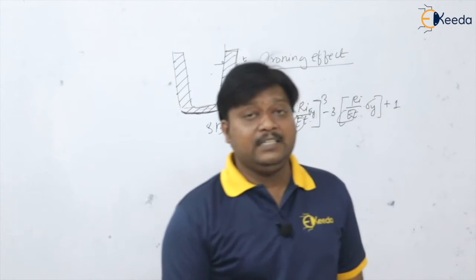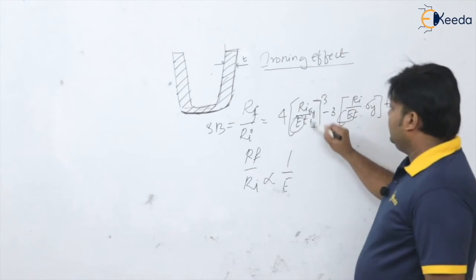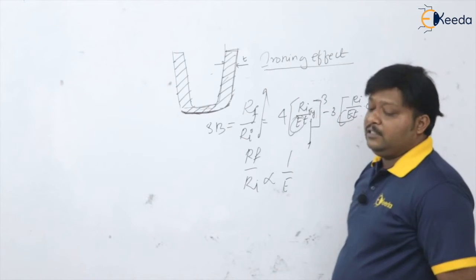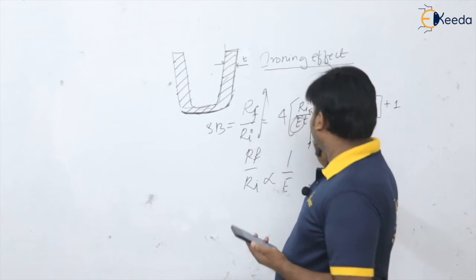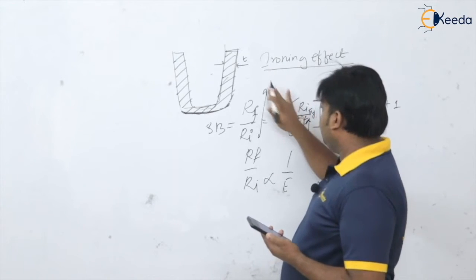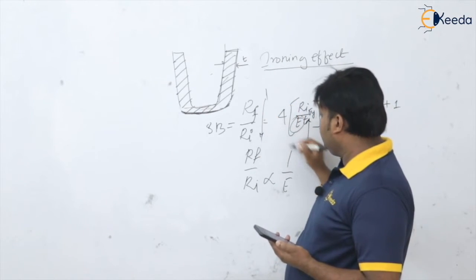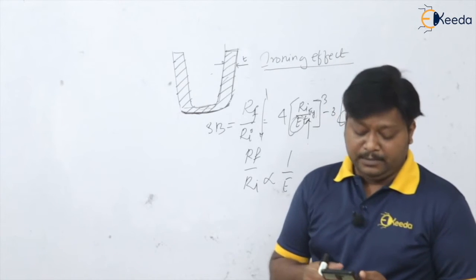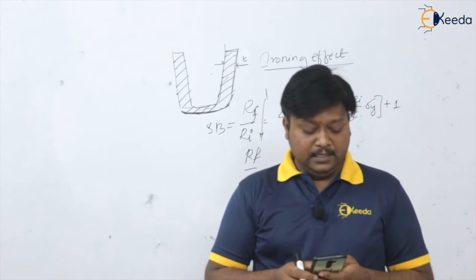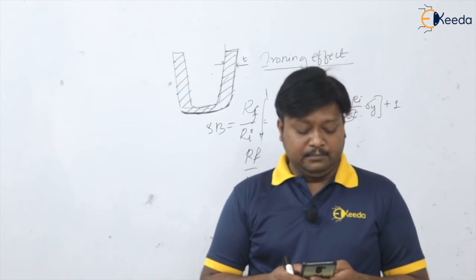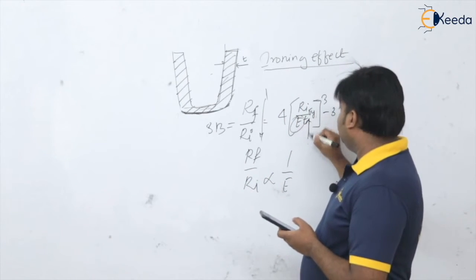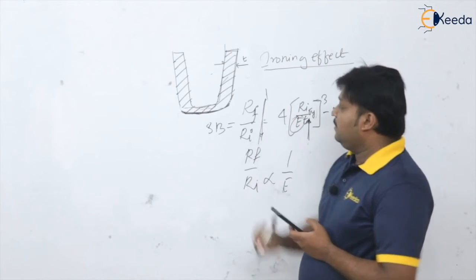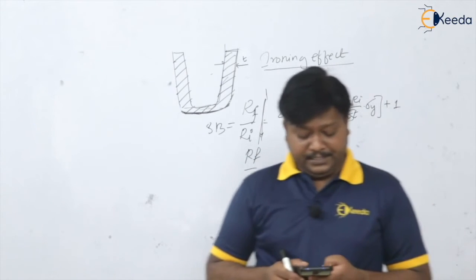So when it is increasing, the modulus of elasticity is increasing, so what will happen? The spring back is going to decrease. Options are increase, decrease, remains unchanged and independent of E. So you can see here, if you increase this, the spring back is going to decrease.